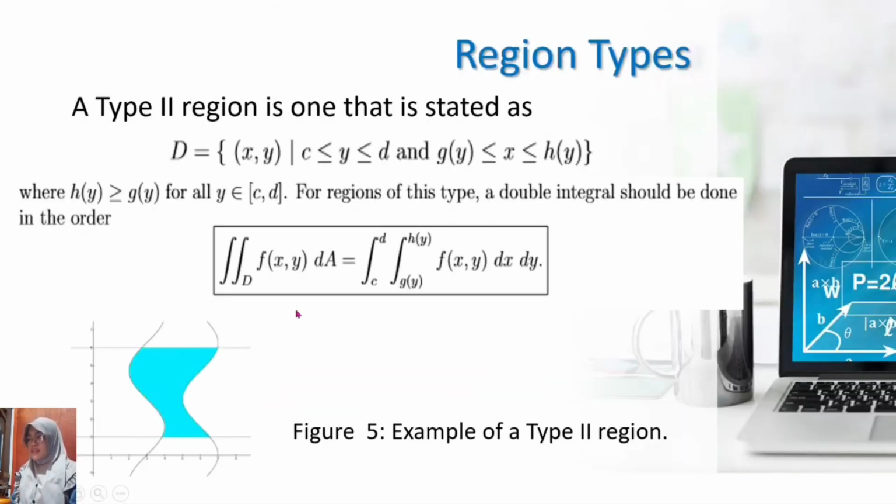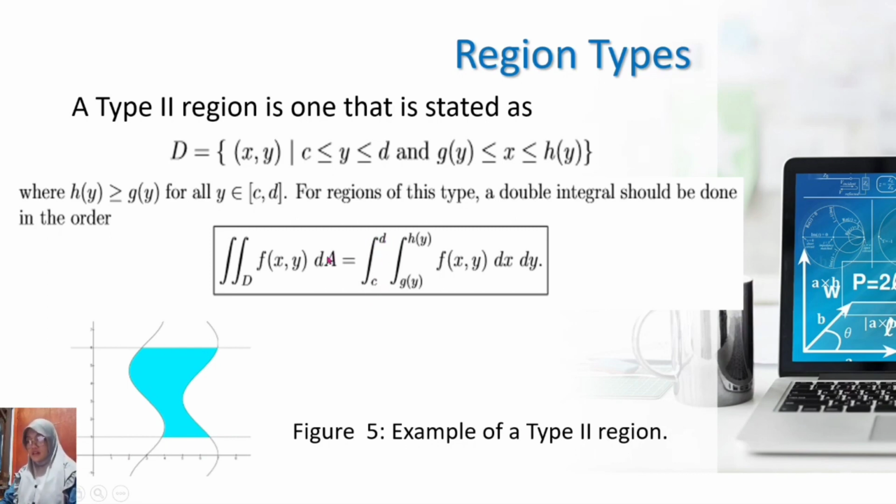So, in this order, we first integrate the inner part, which is the functions from g of y to h of y, of the function f of x and y with respect to x. And next, after we have integrated the inner integral, we then integrate the outer, which is the integration from c to d.